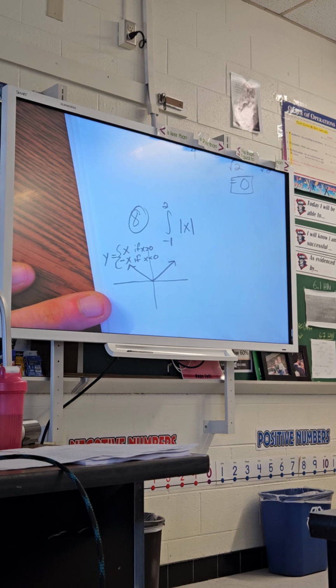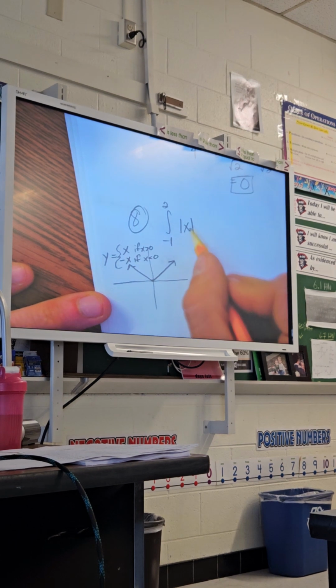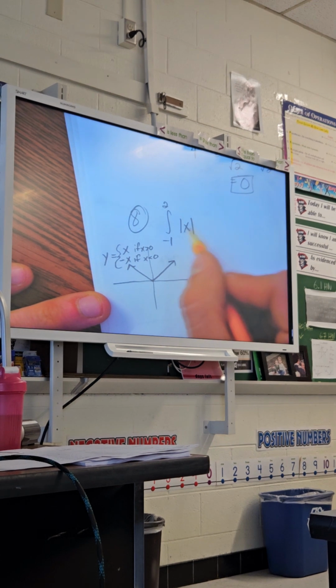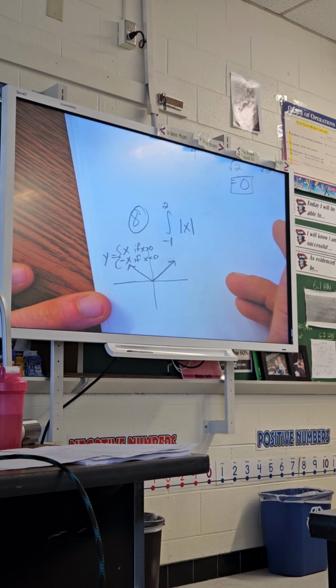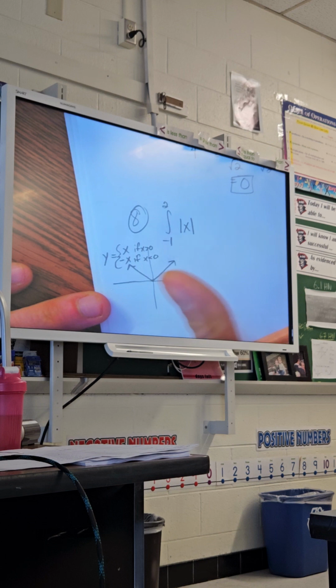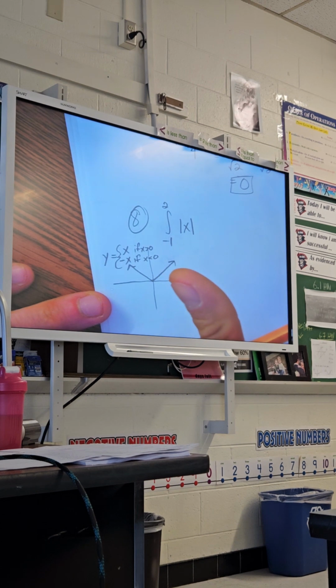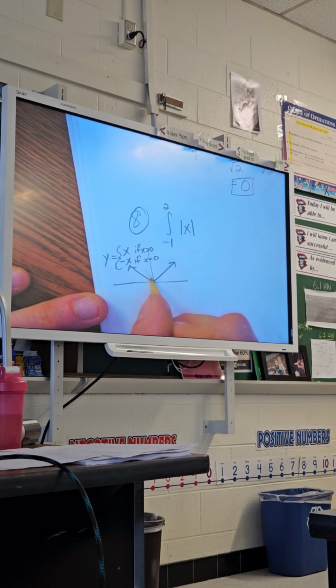This is how absolute value works every time. You can always take one and put a positive on it, and then take one and put a negative on it. And it splits up into two integrals. Alright, so let's look at this side.